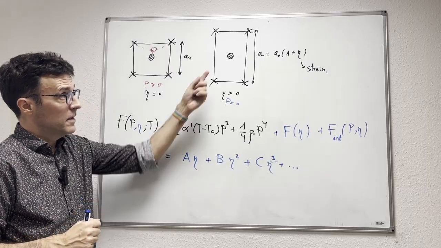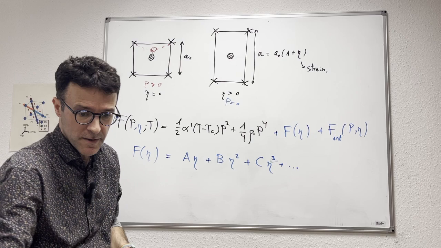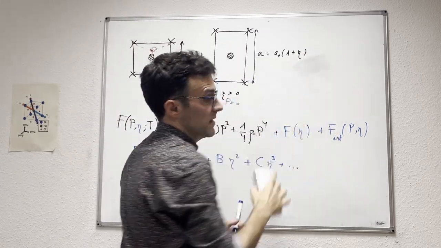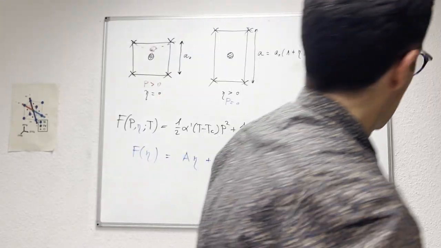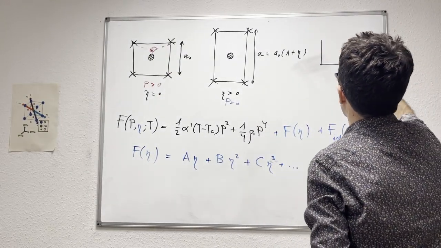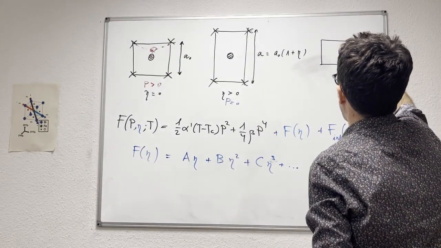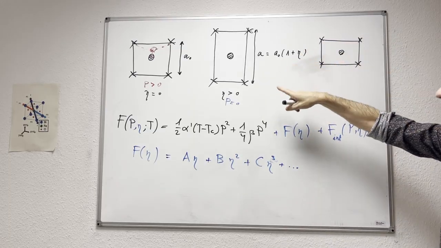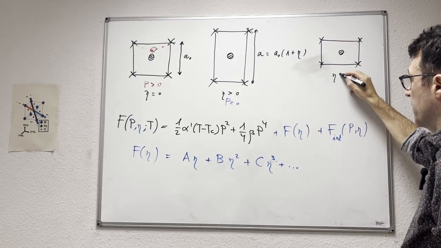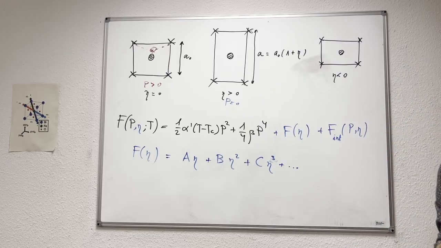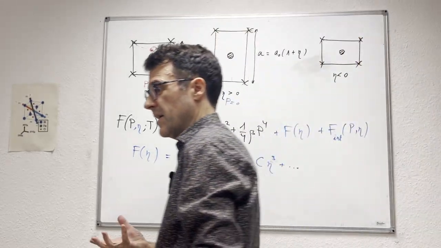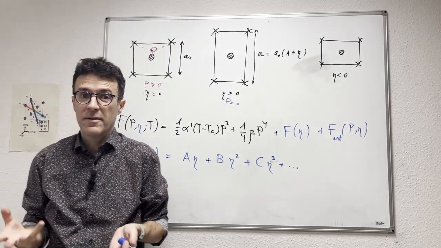With the strain, stretching like that, the question that we need to ask is whether stretching like that is the same as compressing like this, right? So here I have positive strain, here I have negative strain. Do these two things have the same energy? And the answer is obviously no.